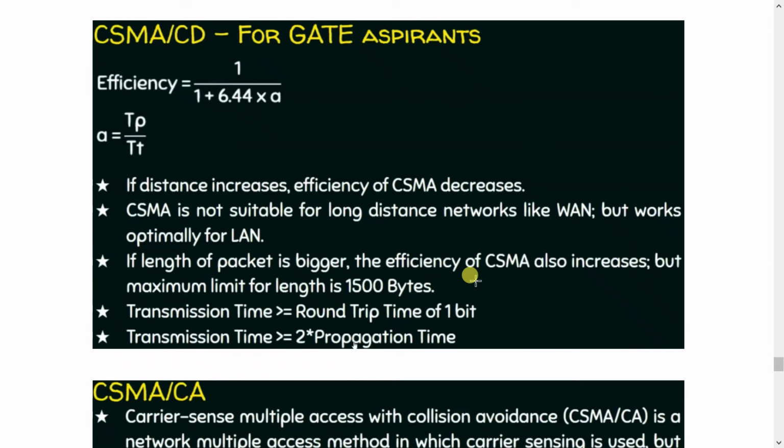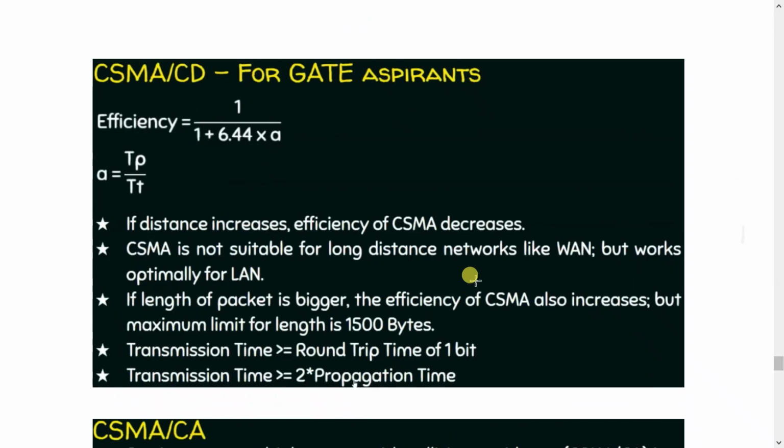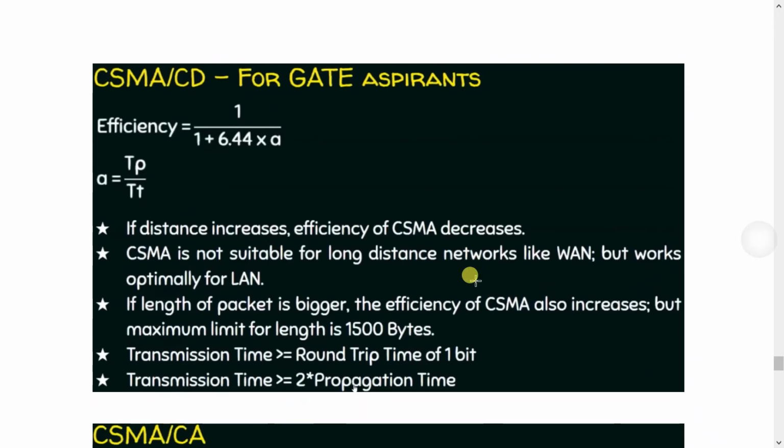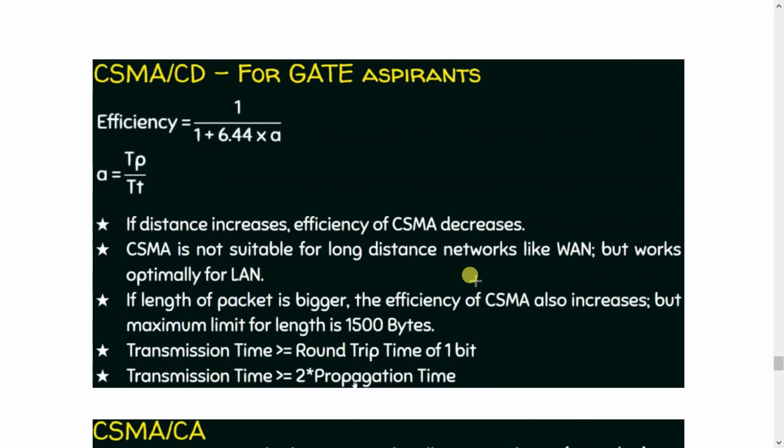If there is contention, collision, handshaking, signaling overhead, reducing the size of your packet, all these are factors that reduce the efficiency of your system, reduce the throughput, increase the delay, and therefore the overall performance is not going to be optimal. So these are the things that I want you to remember about CSMA collision detection when you are studying it.